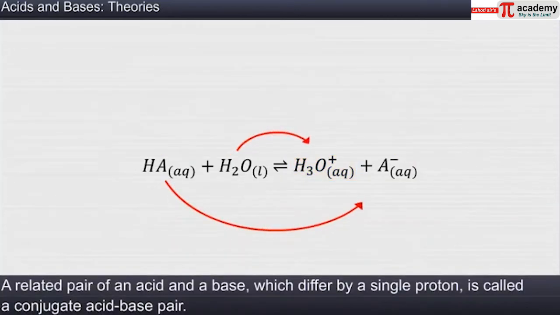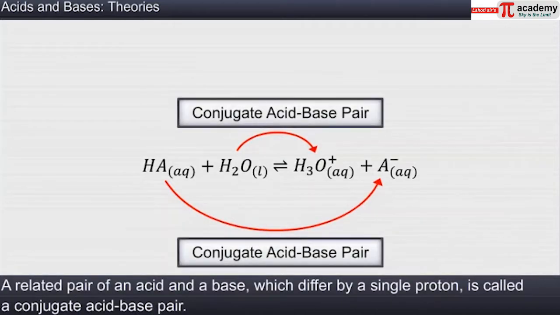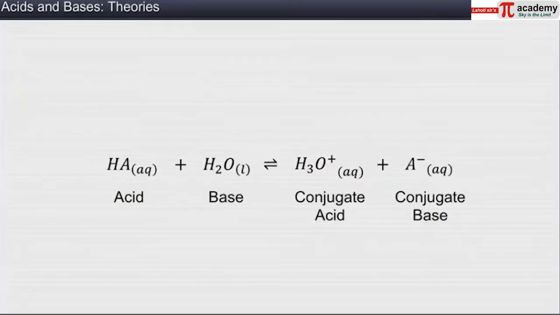Thus, such a related pair of an acid and a base, which differ by a single proton, is called a conjugate acid-base pair. In the generic example that we saw just now, H3O+ is the conjugate acid of the base H2O, and A- is the conjugate base of the acid HA.